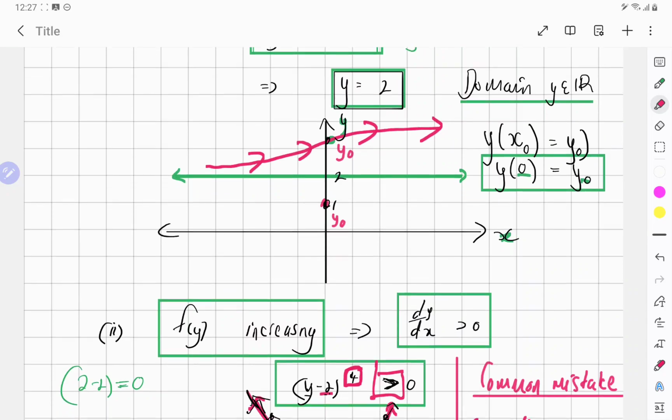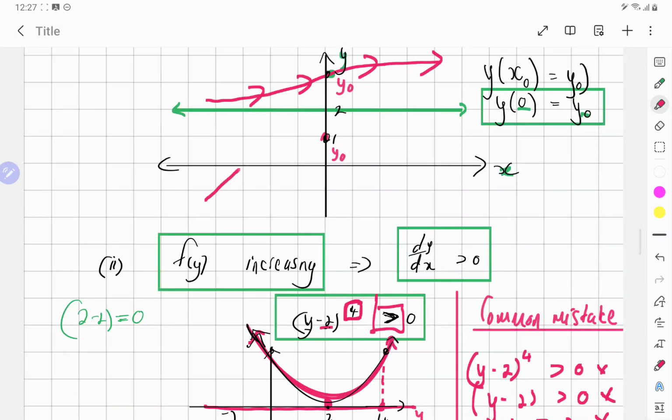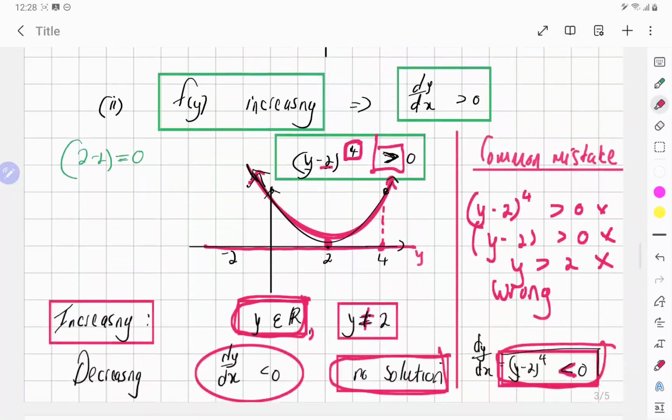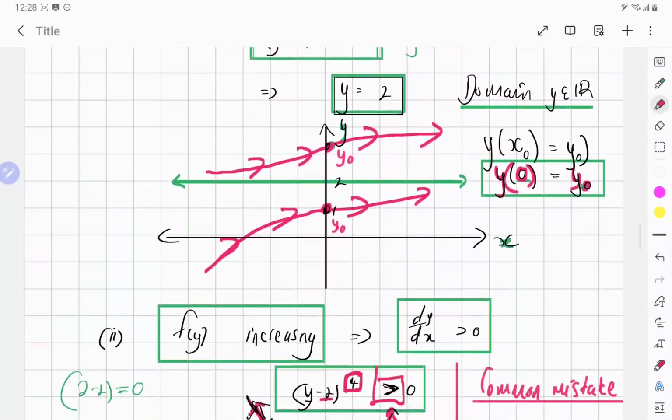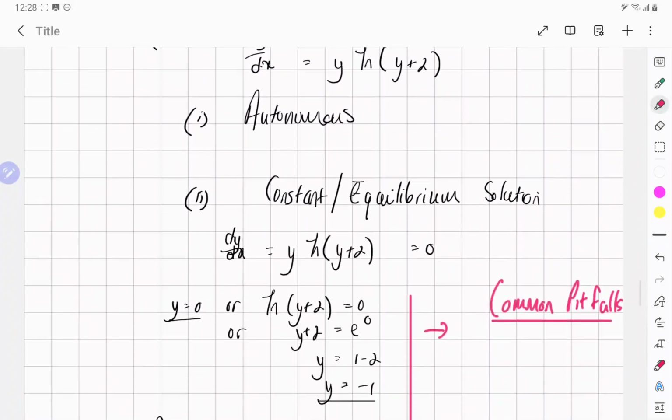So it is increasing in that direction, and here it will be increasing in this direction. So if they give you that y of 0 is y0, remember it will be there, and your graph will go through y0. And there we have done the sketch for our first problem.